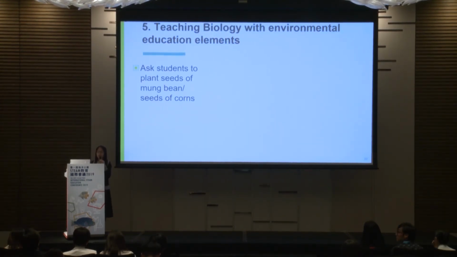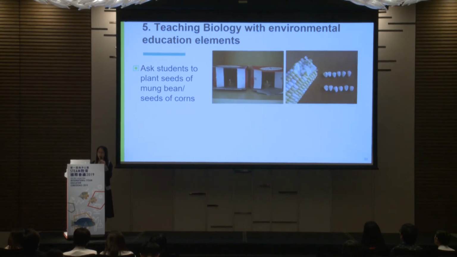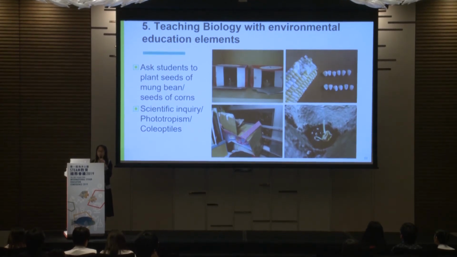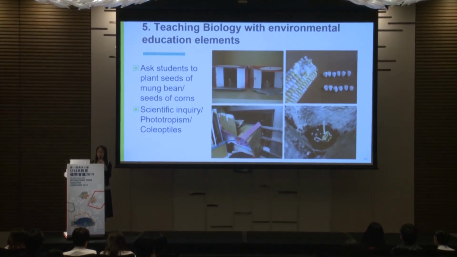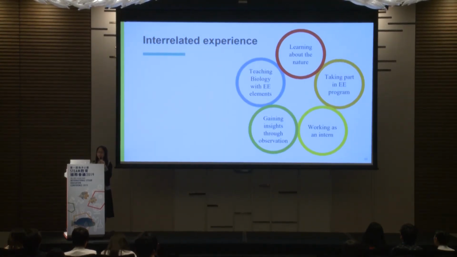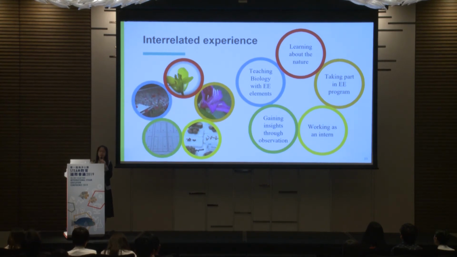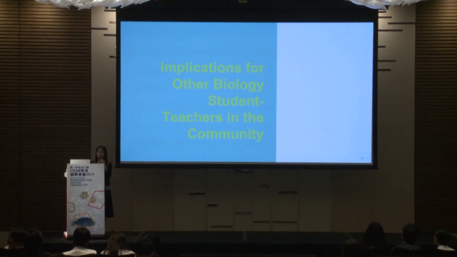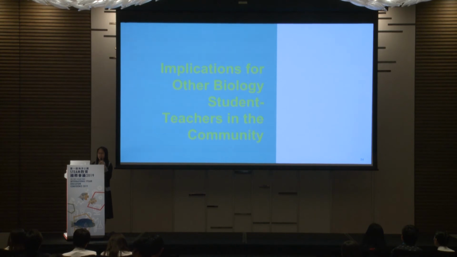I also ask students to plant seeds of mung beans, or also seeds of corn, which could be used for active learning, like scientific inquiry, phototropism, or learning about the term coleoptile. And actually, the experiences here could be interrelated. So now let me conclude with 3 important implications for other biology student teachers in the community.